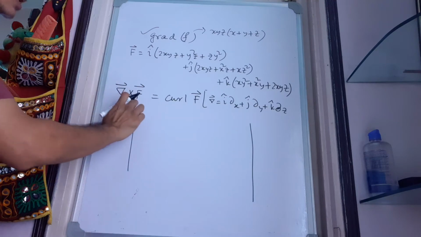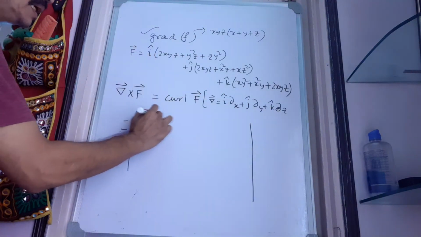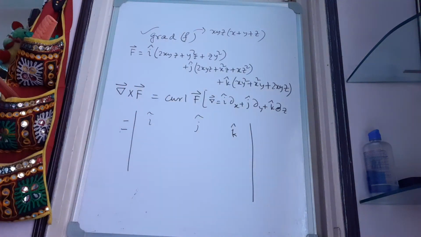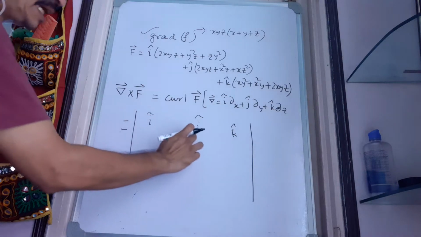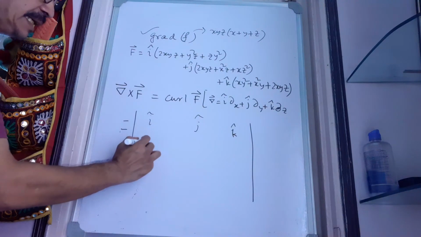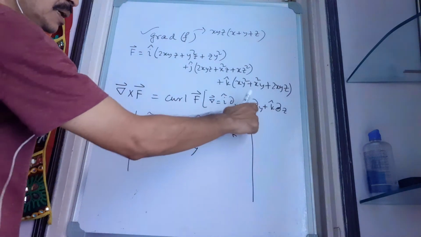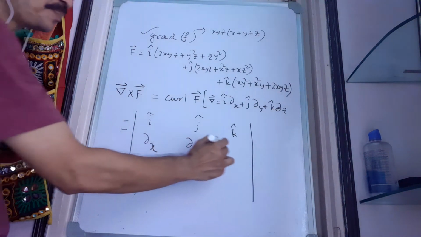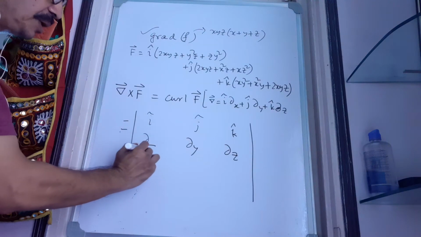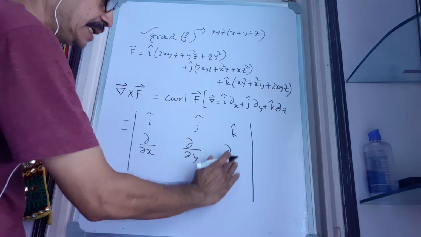So, what is curl F? Del is this vector and F is this vector. According to the definition of the cross product, we can write i cap, j cap, k cap, and then the components of del: del/del x, del/del y, and del/del z.